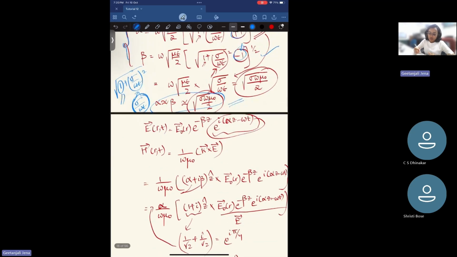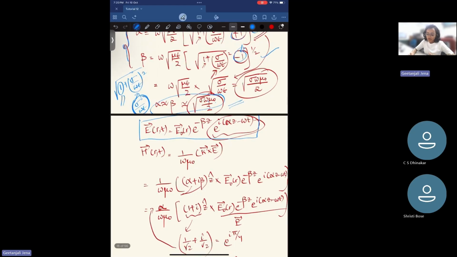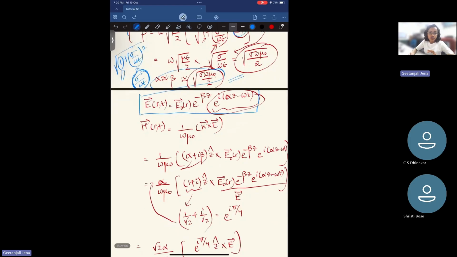Okay. So after that, what we have done, this we have seen in the class. If you put the value of k, the general expression for a plane wave is a naught e to power i (k dot r minus omega t).